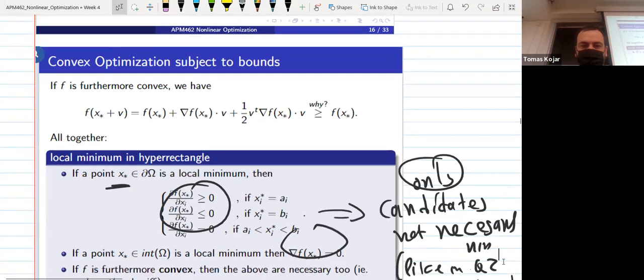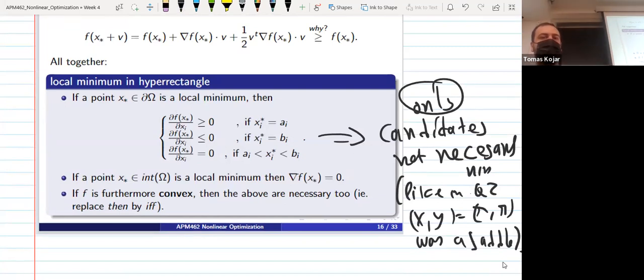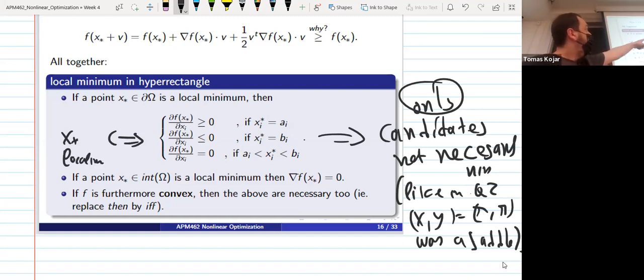This theorem says if you are in a box constraint and your function is convex, which I will show you that it is convex, you have if and only if: x star is a local min if and only if, at the lower bound, your partial is positive; at the upper bound of the box, b_i, it's negative; and internally it's 0.